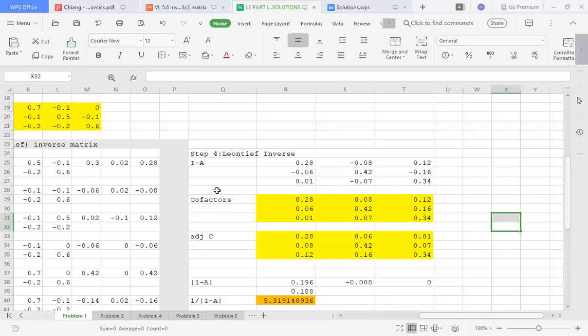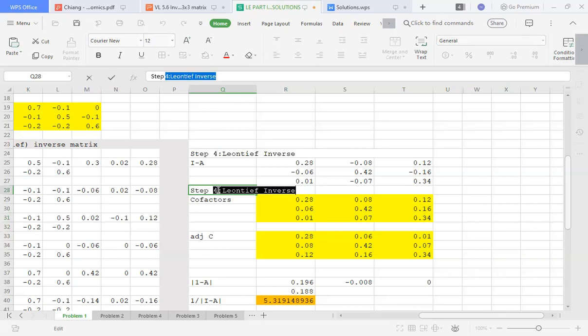Okay, step 5.1, step 5.2 is a matrix of minors and a matrix of cofactors.